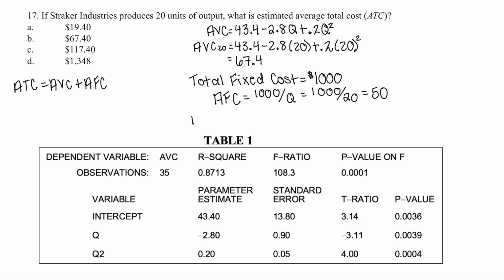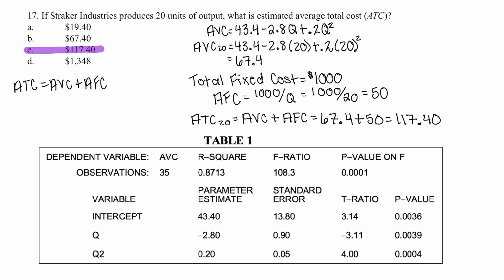So our average total cost at 20 is going to be average variable cost plus average fixed cost at 20, which is 67.4 plus 50 equals 117.4, or C.